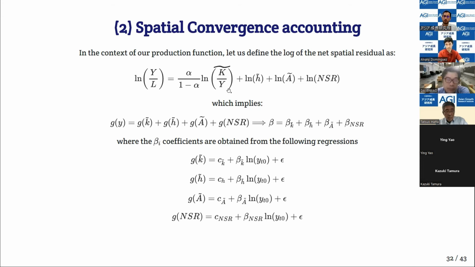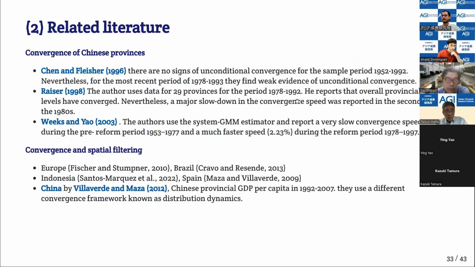Again, we can have this equivalence of growth rates: the growth rate of income per capita is going to be equal to the growth rate of capital plus the growth rate of human capital plus the growth rate of technology, all of them filtered, plus the growth rate of this net spatial residual. And again, we're going to have these beta coefficients associated to each of those growth rates. And that's basically the model.